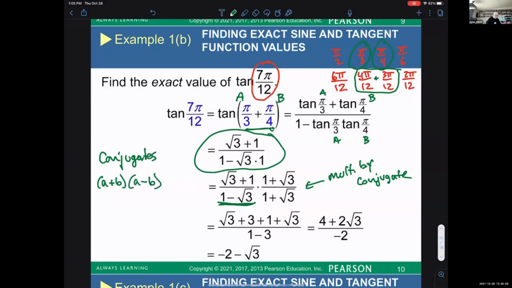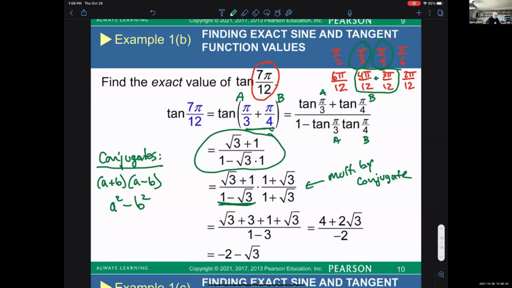And vice versa. If you have a difference of two things, then the sum is the conjugate of that. And the reason we remember these conjugate pairs is when you multiply them together, they give you a difference of squares. And so if either or both of those terms were square roots, then when you get a difference of squares, all the square roots will be squared and go away.